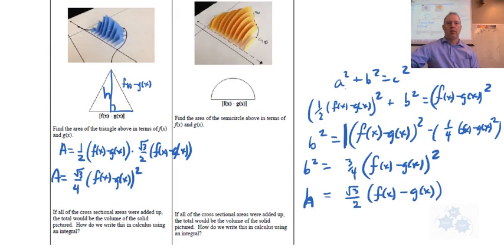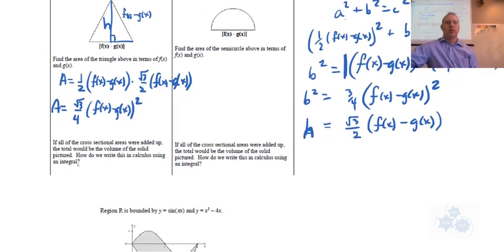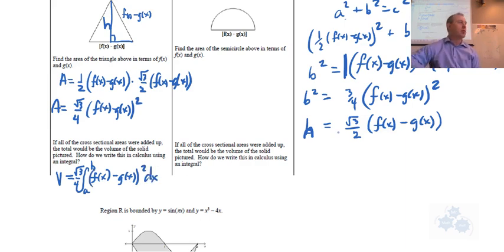So if we're talking about the volumes, this is going to be the integral from a to b, and this is a constant, root 3 over 4, so root 3 over 4 can come outside. And this should just be f of x minus g of x all squared dx. So that's a bit of a tricky one. You just have to use Pythagoras' theorem there.